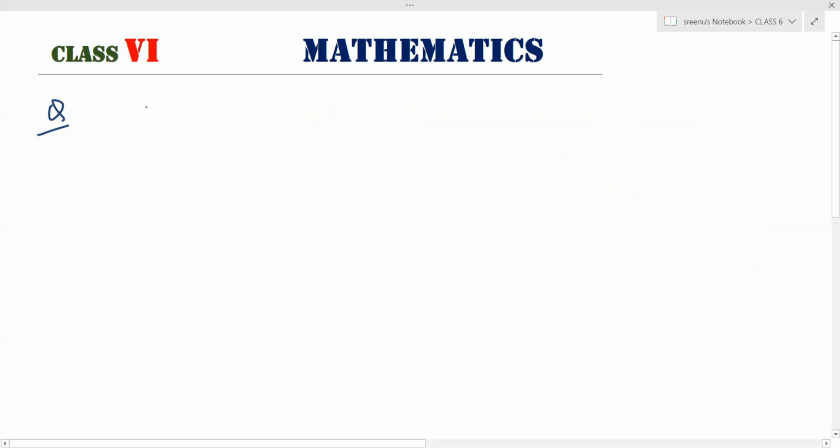The question is like this. Simplify: minus 5x power 4 plus 4x power 4 minus 1.5x power 4 plus 3 by 7 x power 4. Okay. Among these, what is the common one? X power 4. The numerals, meaning numerical coefficients.